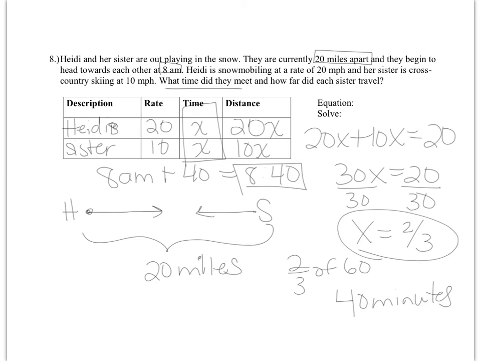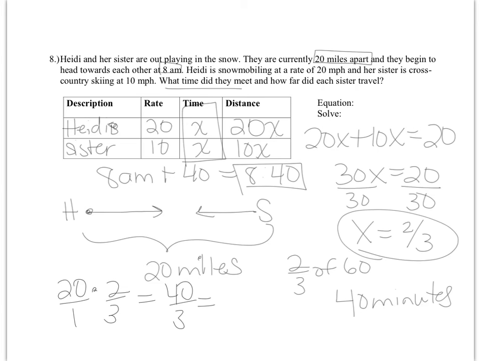Now the other part of the question is how far did each sister travel? Well, again, remember that x is equal to 2/3 of an hour. So Heidi, her distance is 20 times 2/3. We can't do any cross canceling here, so it would just be 40 over 3. We don't want to leave it as 40 over 3.